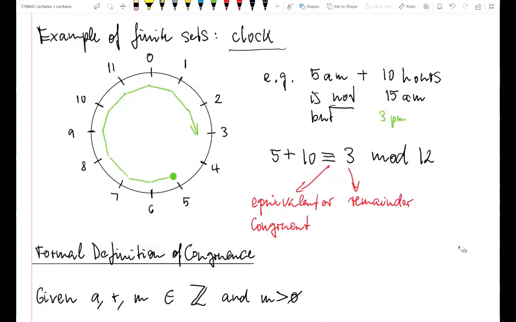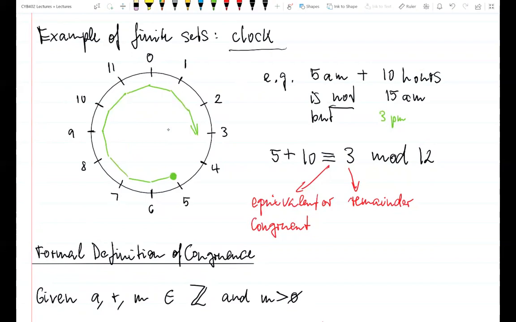Only military people would do that. So what we do instead, we count from 5 upwards, and if we have reached 12, we reset our counting and start counting again. That way we actually arrive at 3 o'clock in the afternoon.